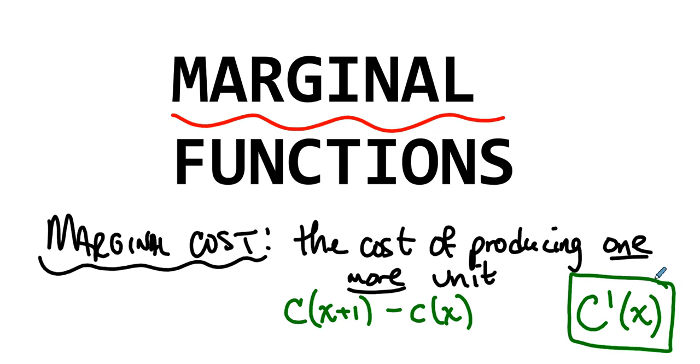Both numbers are close. One is exact, one is an estimate, but the estimate is usually good enough that most business calculus books say just find the derivative of the cost function at x.